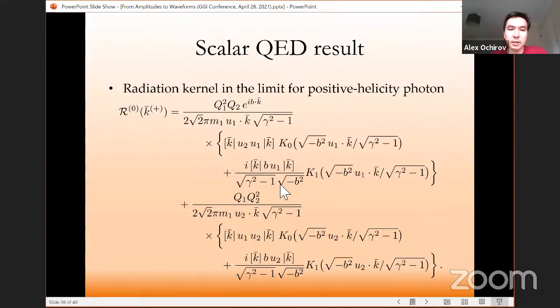First of all, the second term is related to the first by an exchange of U1 and U2. I'm not sure why you're saying it's exactly the same. In any event, Q1 goes to Q2, and these are two different charges, right? But also U1 goes to U2.